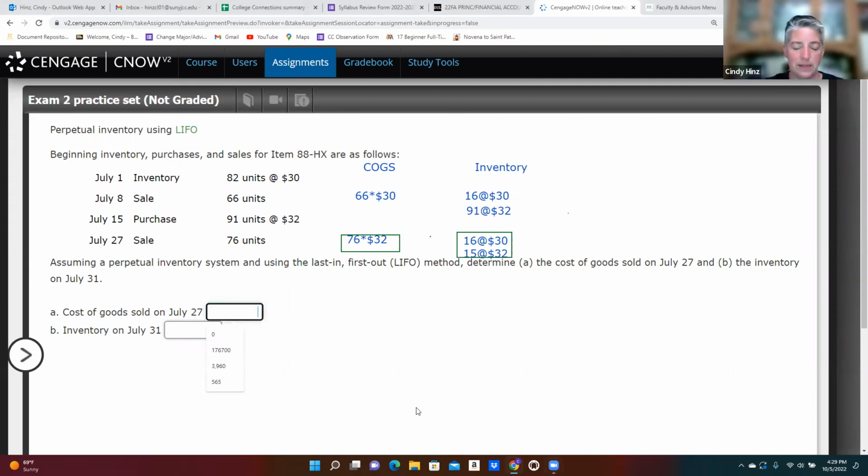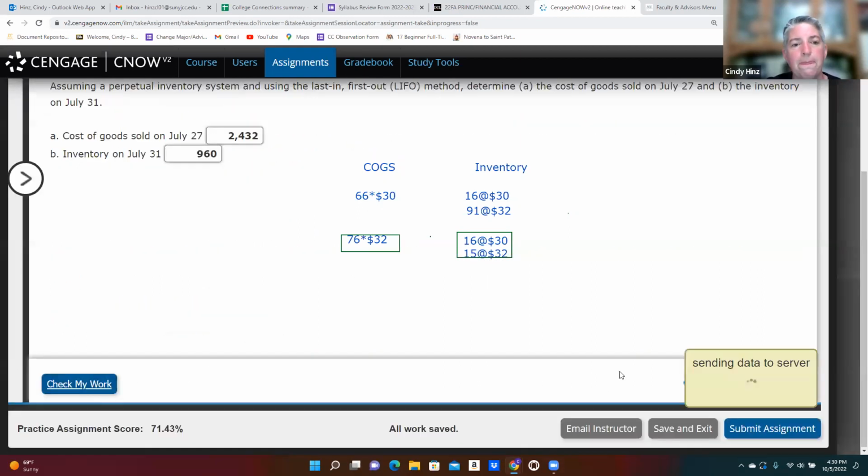We would be selling 76 of the brand new ones at $32, total of $2,432. And our inventory on July 31st is what I have in the second box on the right. 16 times 30 plus 15 times 32, $960.